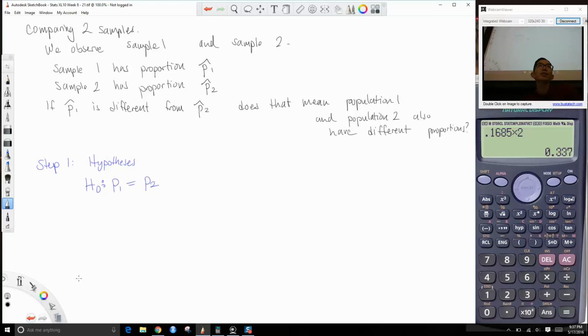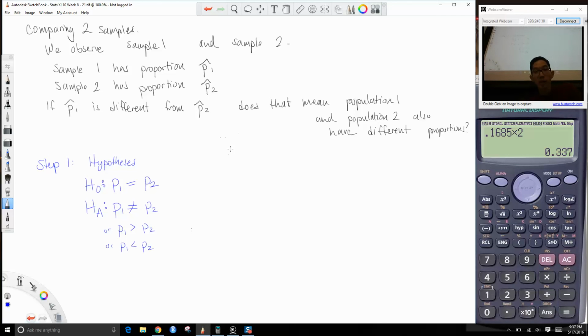And then the alternative, again, is identical to the null hypothesis, except the equal sign is replaced with something else. So this could be P1 is not equal to P2, or P1 is greater than P2, or P1 is less than P2. Okay? So this is going to be your alternative.